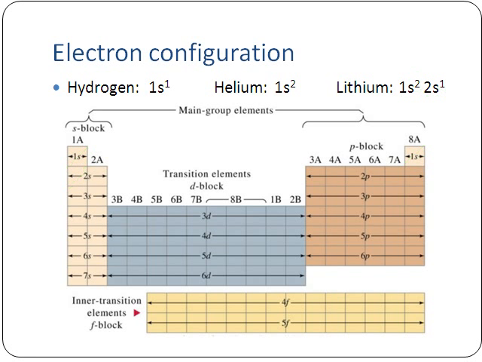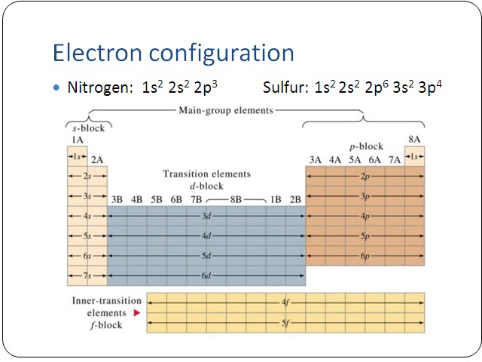Continuing on that, if we go a little more complex, we'd run into one like nitrogen. Nitrogen, if you look on your periodic table, is going to be right here. This is nitrogen right here, big N, like that. If we want to figure out the electron configuration, let's look where we have electrons.